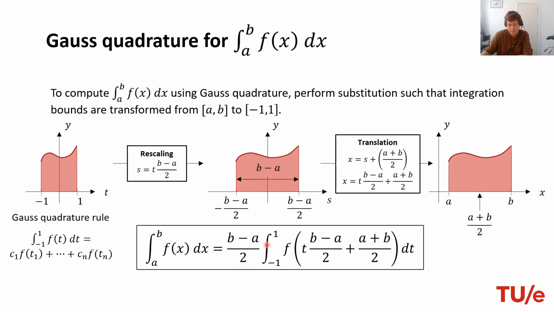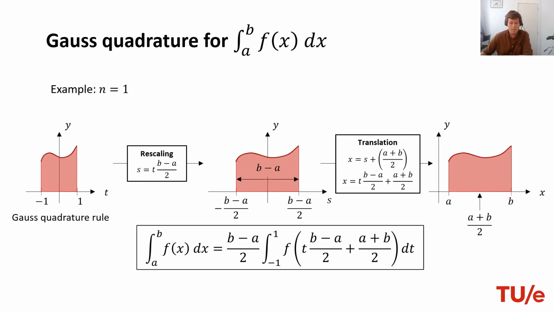So that's where this b minus a over 2 comes from. And we evaluate f not at t or at x, but at t times b minus a over 2 plus a plus b over 2. So this is just a substitution from x to t, and that's also how you solve some integrals. Now, the whole idea is that we end up with a function between -1 and 1, and we can use these Gauss quadrature rules.